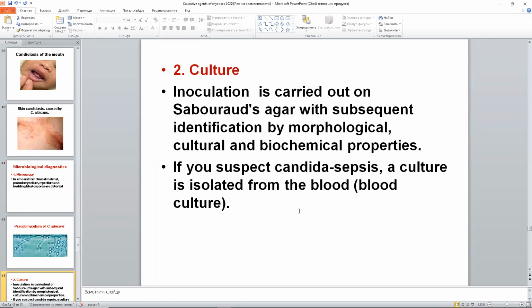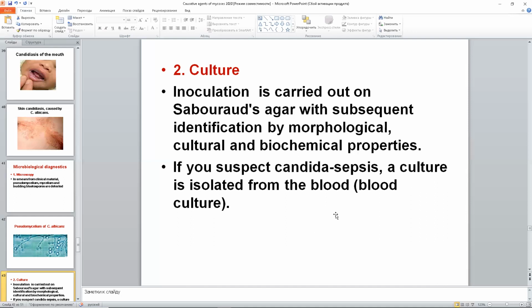As usual, blood is always inoculated for detection of microbes in liquid medium, and the blood should be taken from a vein in a volume from 5 to 10 milliliters, and it should be inoculated on liquid medium 10 times more. So the volume of medium should be 50 or 100 milliliters.